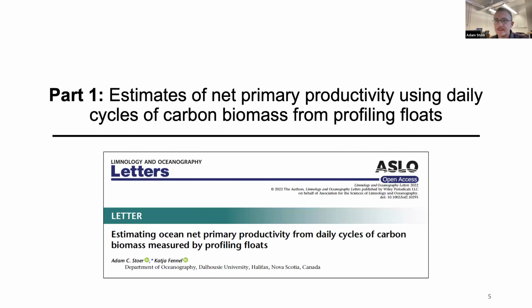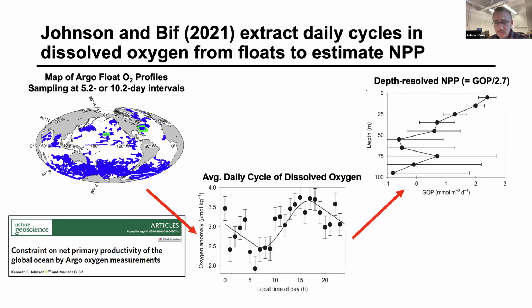For part one, this is work that's been published in L&O Letters, the estimate of net primary productivity. That work is inspired by this wonderful paper from Ken Johnson and Mariana Biff. What they did in that paper was extract daily cycles of dissolved oxygen from the Argo float array.